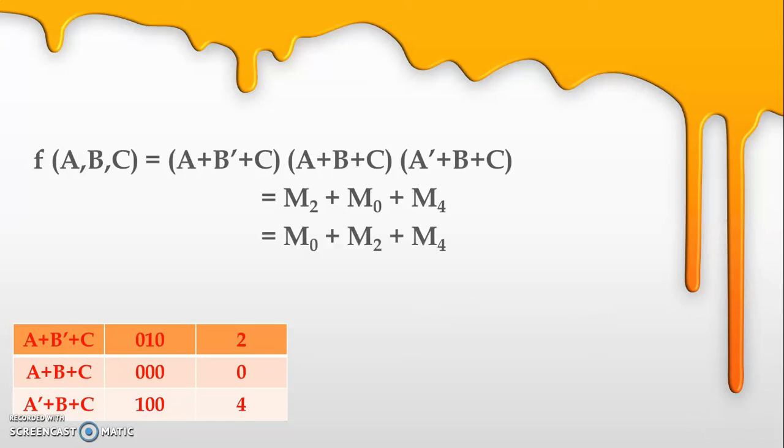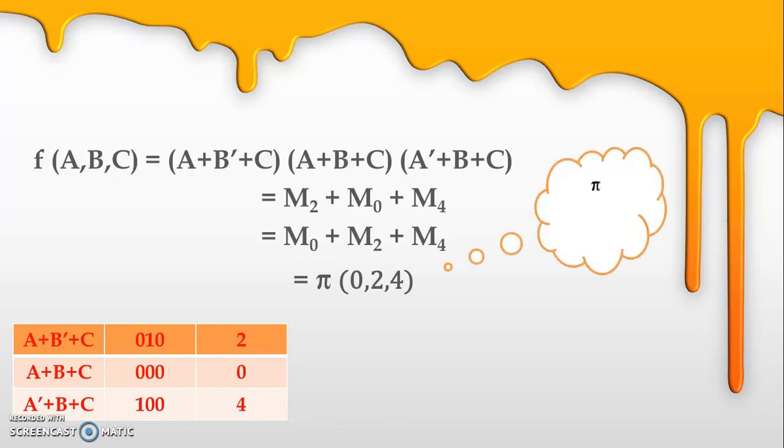If we rearrange, we can write M0 + M2 + M4, and it can be written as Pi of the bracket 0, 2, 4. The 0, 2, 4 indicates our decimal equivalent numbers, and Pi indicates that the Boolean function is a product of sums. So this way we can have max terms.